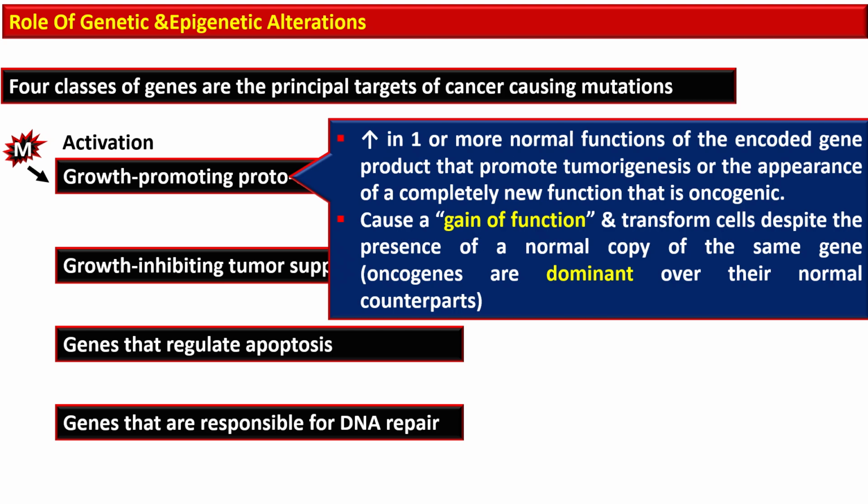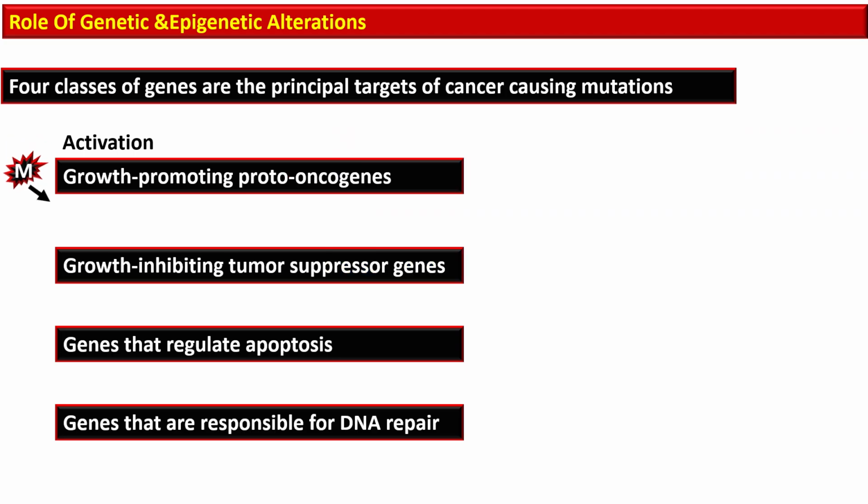The tumor suppressor genes, or growth-inhibiting genes, have the normal role to inhibit cell growth, repair DNA, or trigger apoptosis. The mutation type among these genes is loss of function mutation, and the effect is loss of growth control, meaning removing the brakes from the cell.